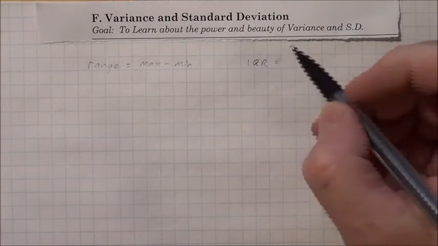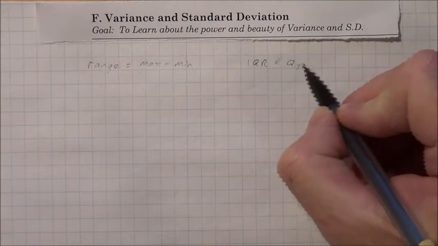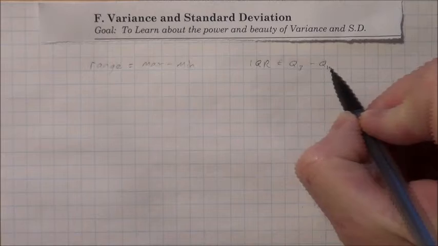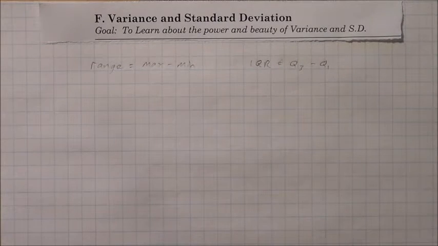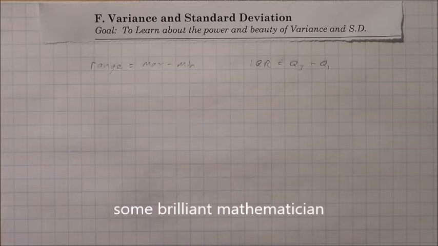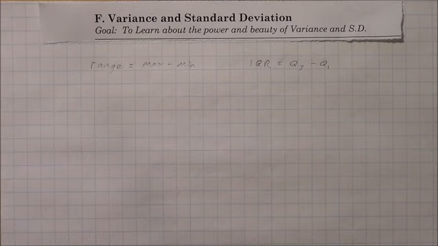And the interquartile range also just uses two values, the upper quartile and lower quartile. It's really hard to get a real sense of the dispersion or the spread of the data from two values. So somebody came along with this great idea to calculate variance and standard deviation.